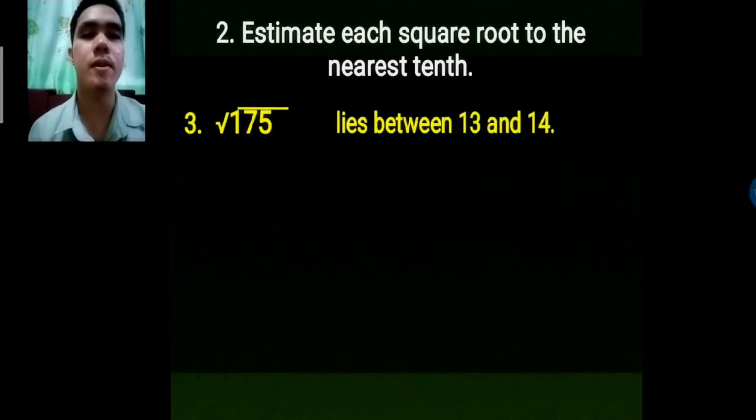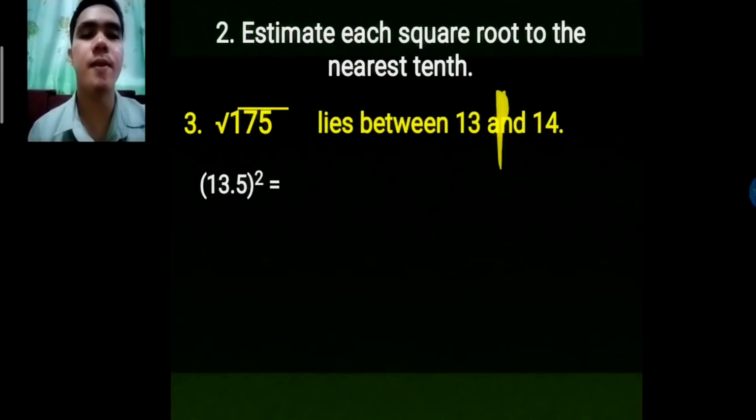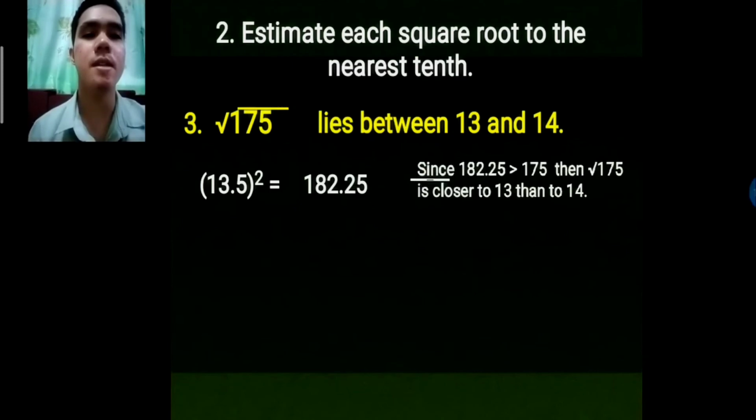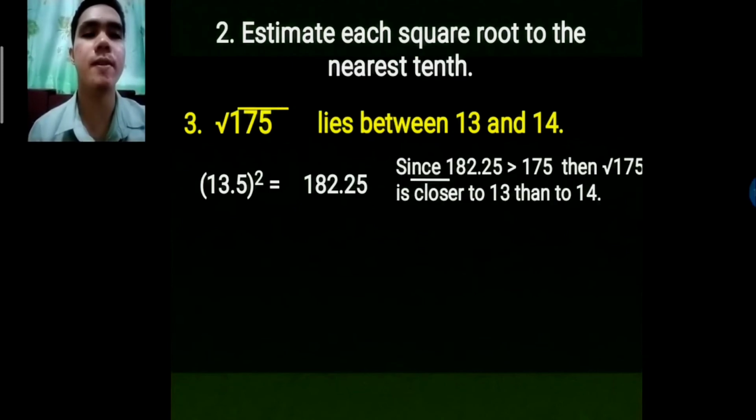Okay, so let's estimate. Let's try the middle value, that is 13.5 squared, which is 182.25. Since that is greater than 175, then square root of 175 is closer to 13 than to 14. So we will try a lesser value. Let's try 13.4 squared, that is 179.56.